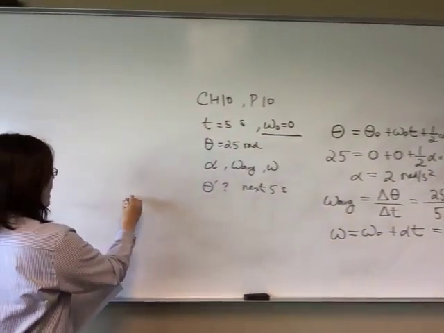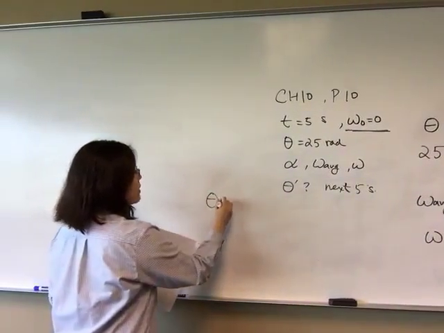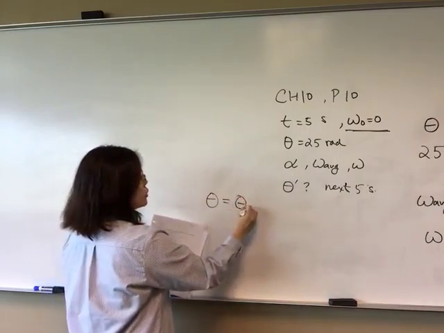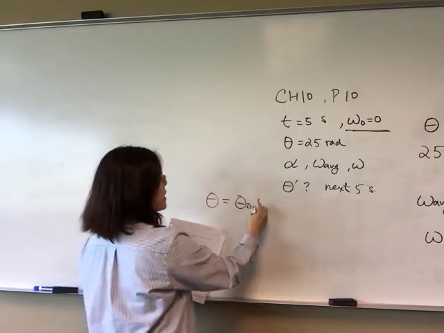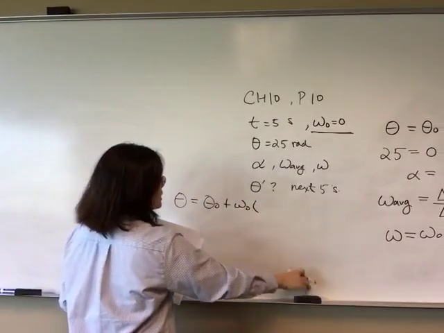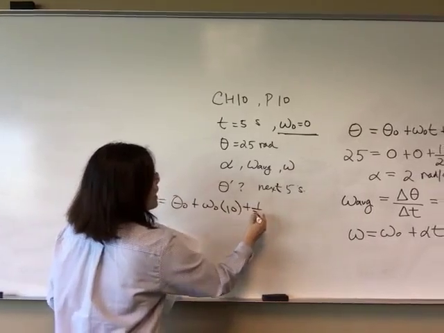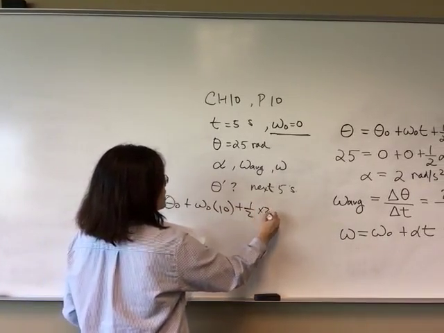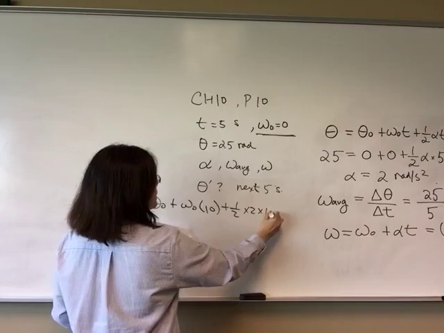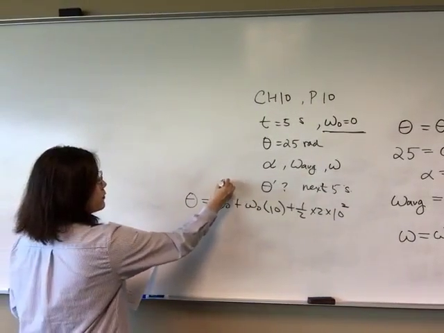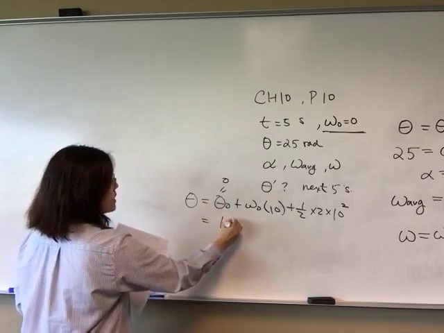So your theta at time t equals 10 is equal to initially no displacement, no initial velocity, but the time is 10 seconds now, plus 1/2, and your alpha is 2. It does not change, and your time is 10 squared. So what you have here is 100 radians.